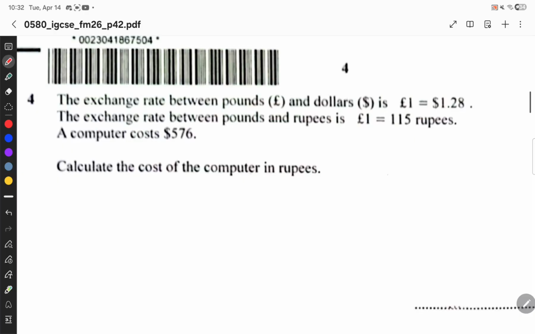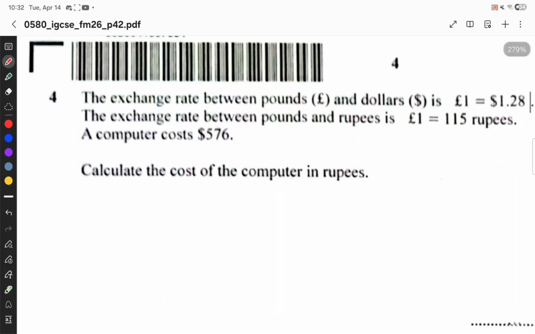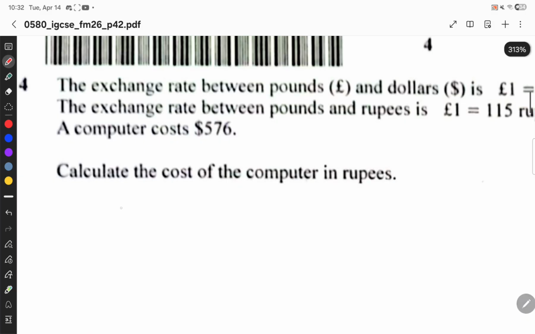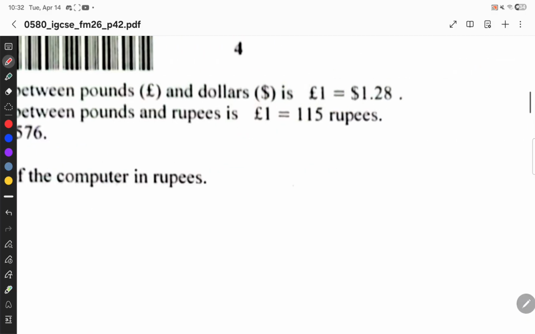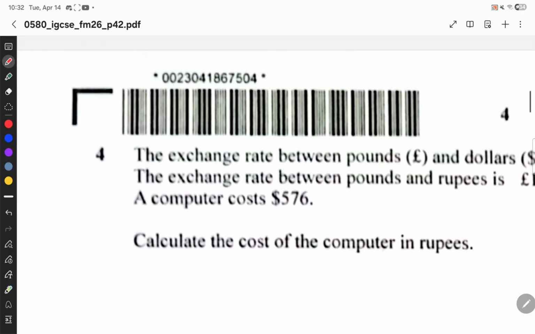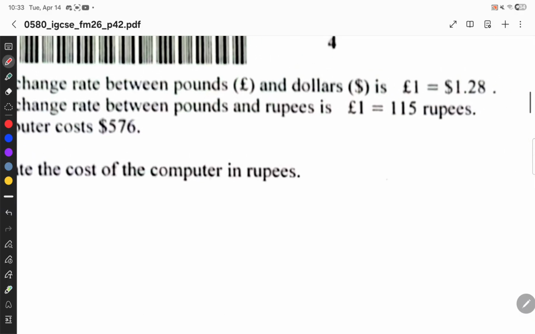The exchange rate between pound to dollar is this, and the pound to rupees is this. The computer costs this. I need to find it in rupees. So that's euro. Both share the conversion to euro. So we do dollar to euro and euro to rupees.